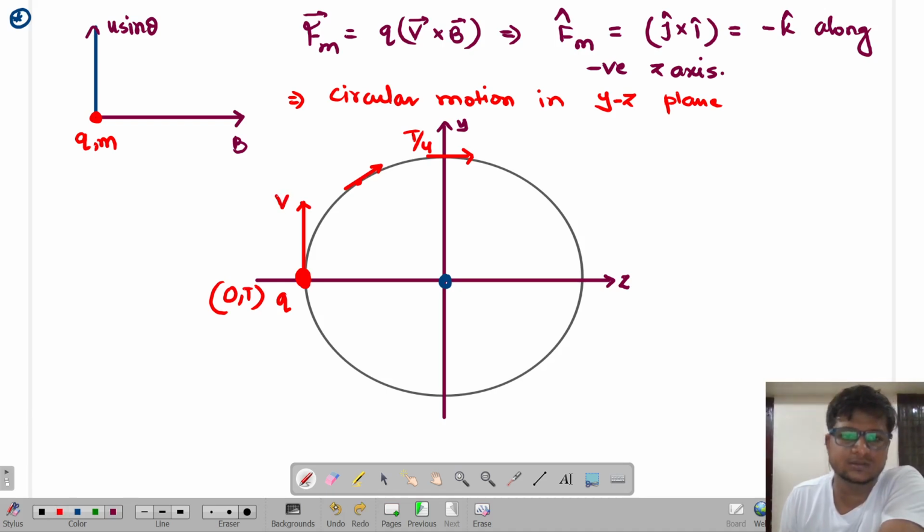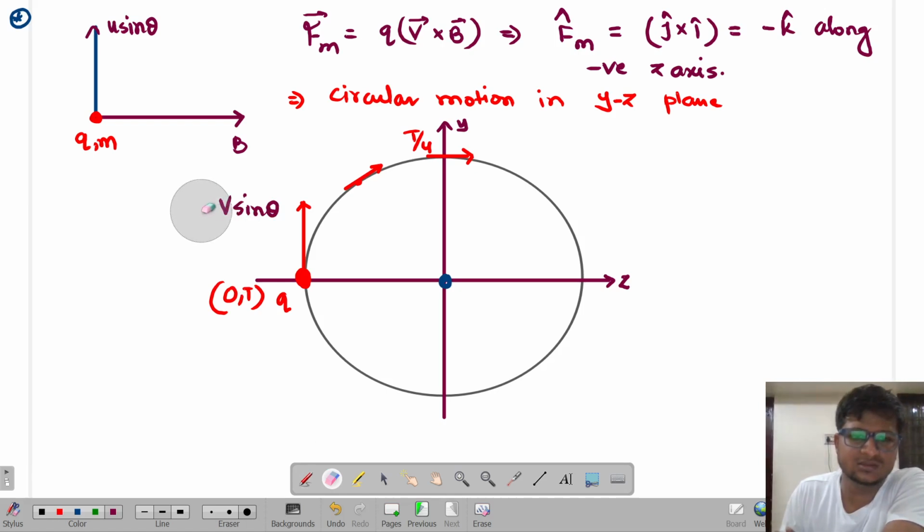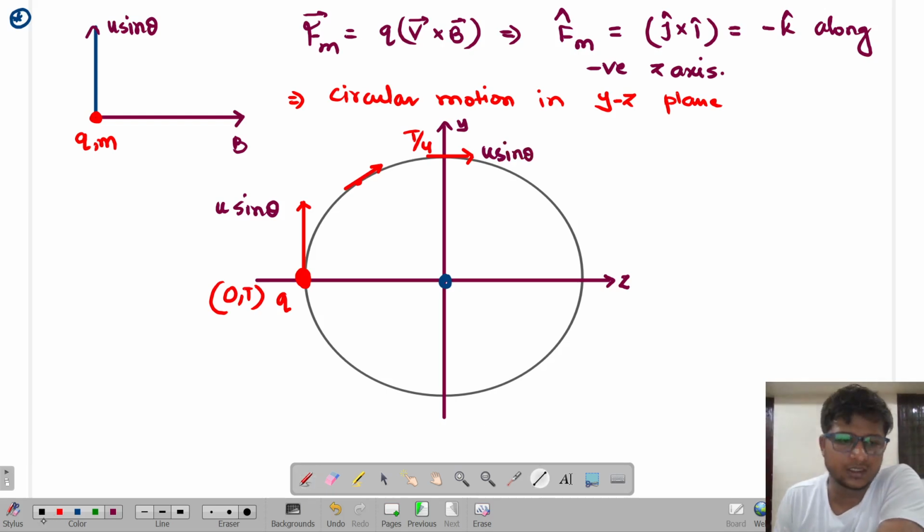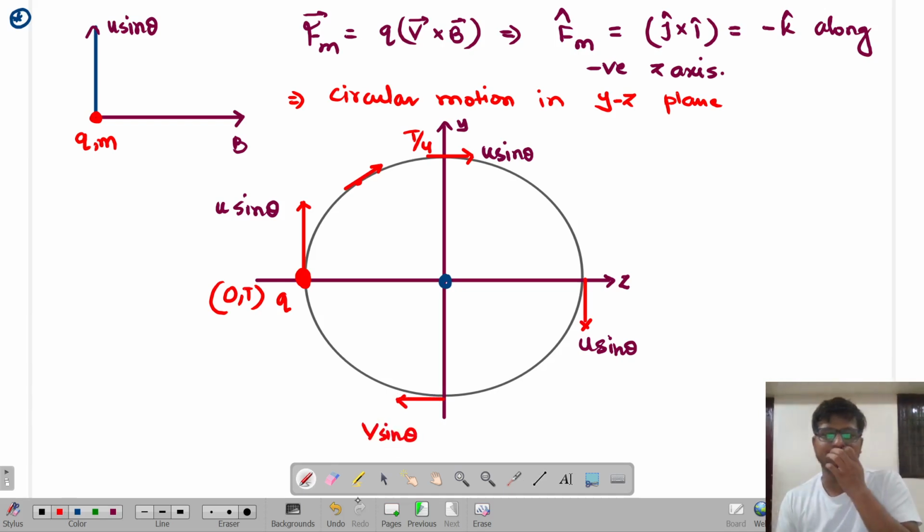Let us call this v sine theta. I'm using the u symbol now, so this is also u sine theta. Here also the velocity is u sine theta. Here also the velocity is u sine theta. So this is the velocity component of the particle along this whole circular path. Are you able to get me?